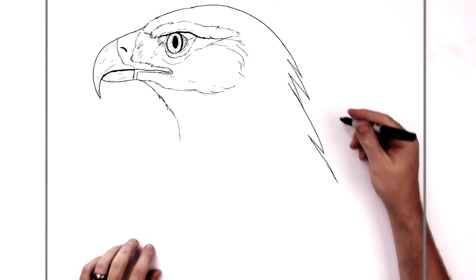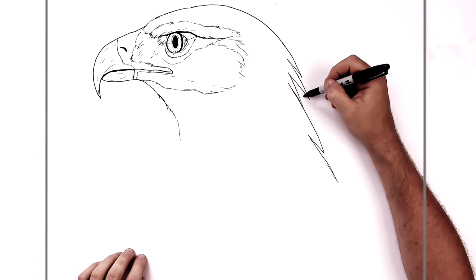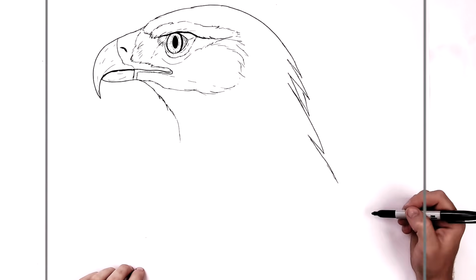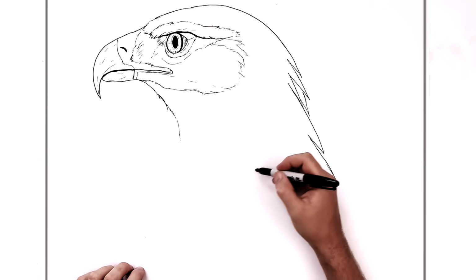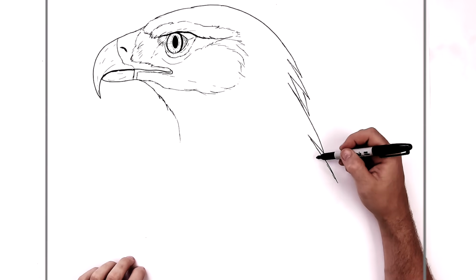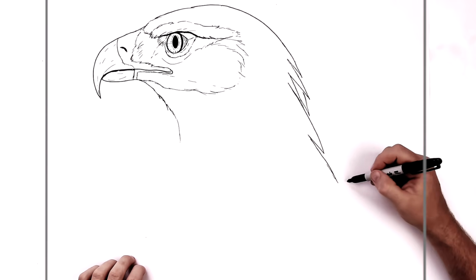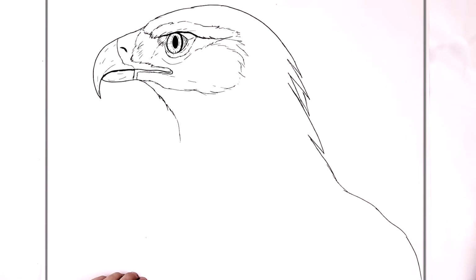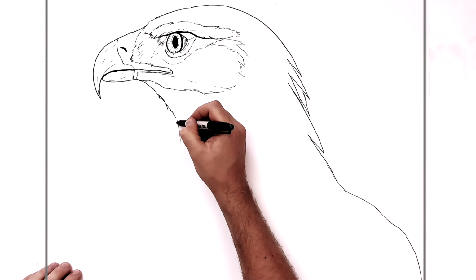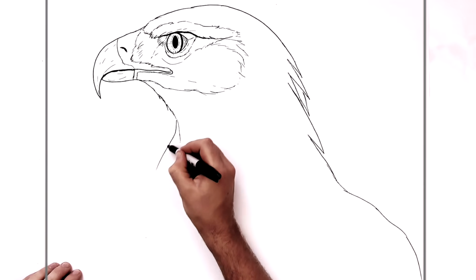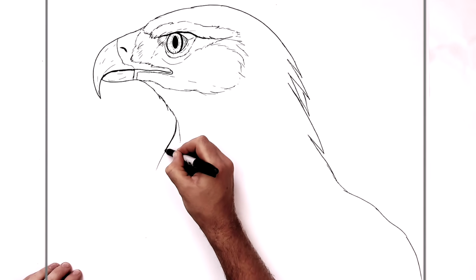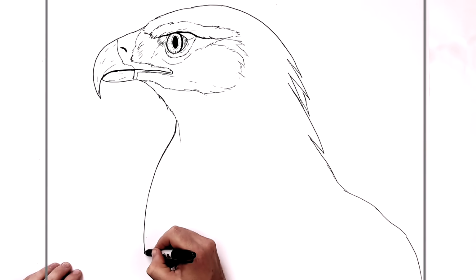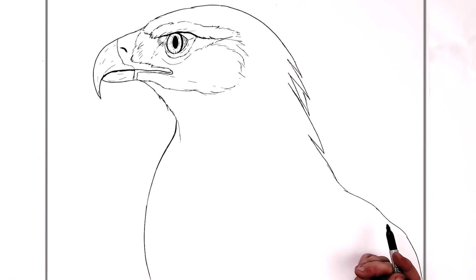So his wings are down here somewhere. So you can add maybe another feather there. And then his wings kind of come down this way, bumping down like that. And then the front of his neck comes down here. Like this, right?